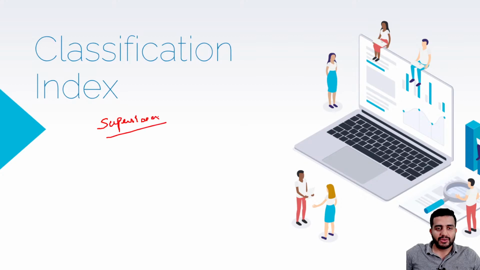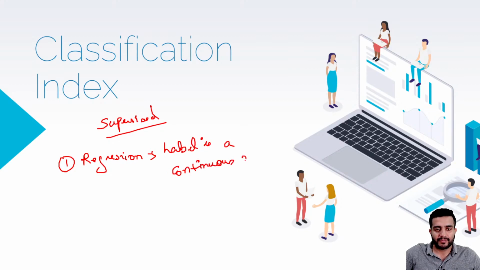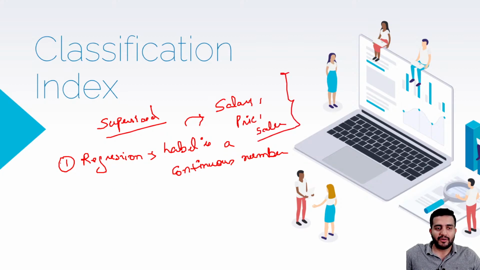In the supervised method, one is a regression problem, where the label is a continuous number. Examples would be salary, price, sales. All of these would be examples of a regression type of problem.